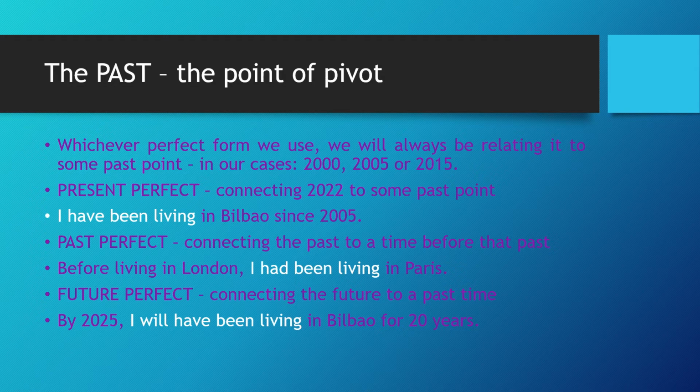The past perfect connects the past to a time before that past. Before living in London, I had been living in Paris. And the future perfect connects the future to some past time. By 2025, I will have been living in Bilbao for 20 years.